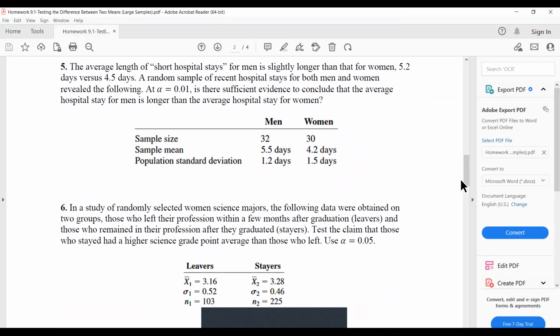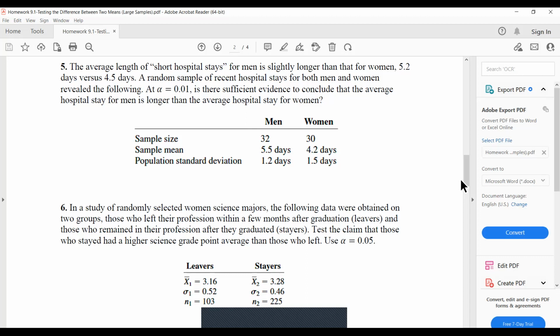A random sample of recent hospital stays for both men and women revealed the following, which is down below. At alpha equals 0.01, is there sufficient evidence to conclude that the average length of hospital stays for men is longer than the average stay for women?